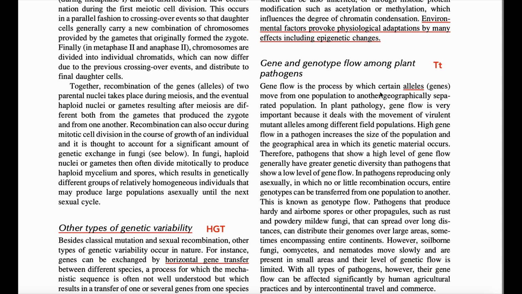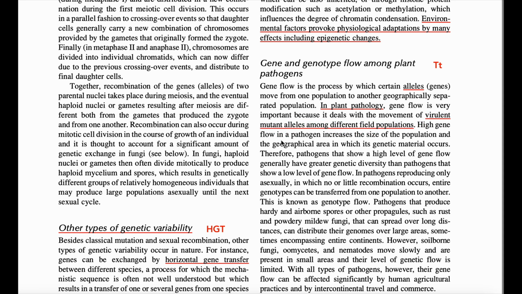Gene flow is the process by which certain alleles move from one population to another geographically separated population. In plant pathology, gene flow is very important. Why? Because it deals with the movement of virulent mutant alleles among different field populations.